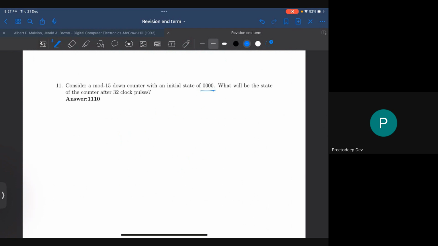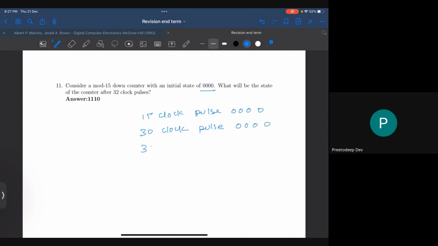So it's a mod 15 down counter, right? After 15 clock pulses, again it will be 0 0 0 0. After 30 clock pulses, again it will be 0 0 0 0.